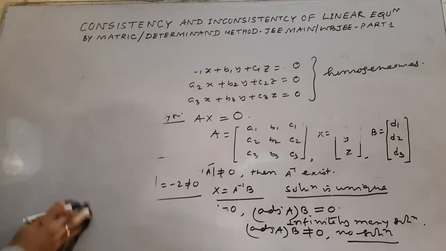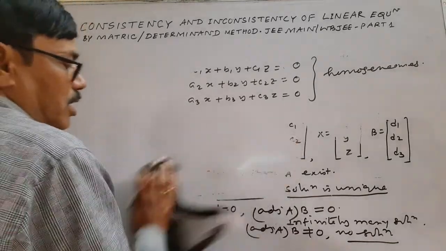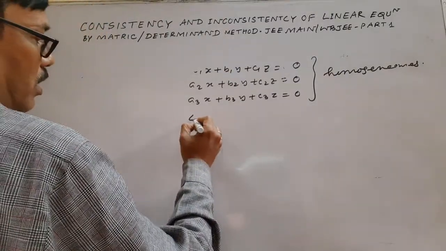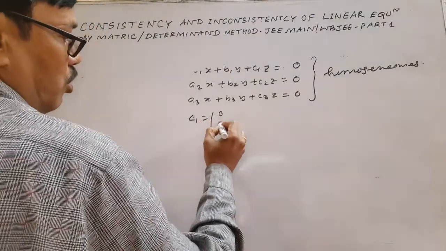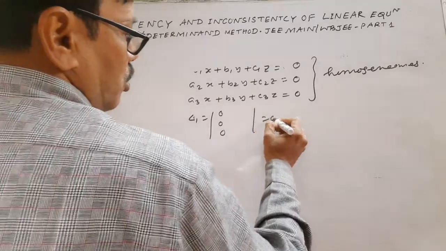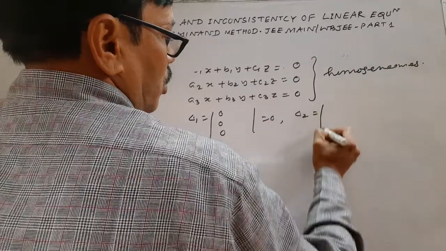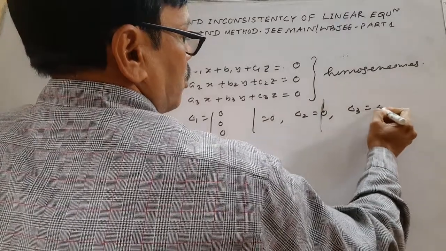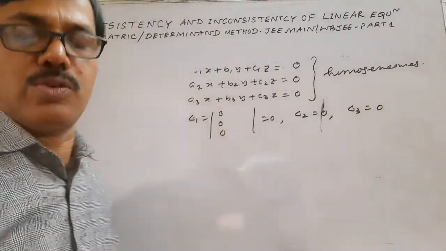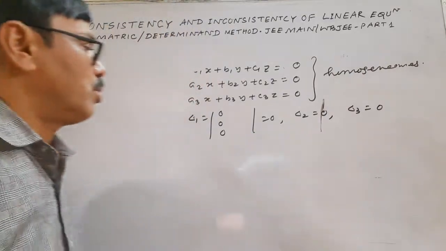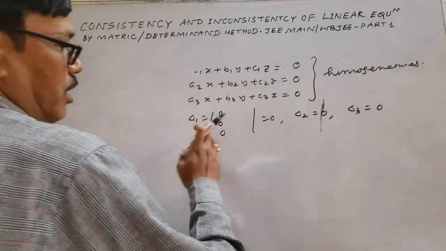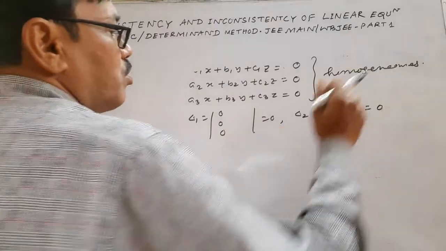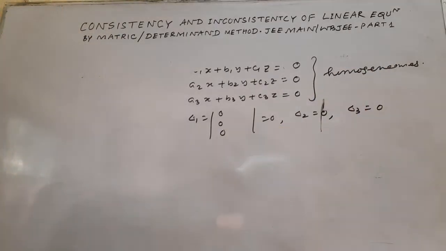So in this case, look, delta 1, first row is 0, 0, 0. So this is 0. Delta 2 equals 0 and delta 3 equals 0 because one row is 0. So in this case, delta 1 equals 0, delta 2 equals 0, delta 3 equals 0.